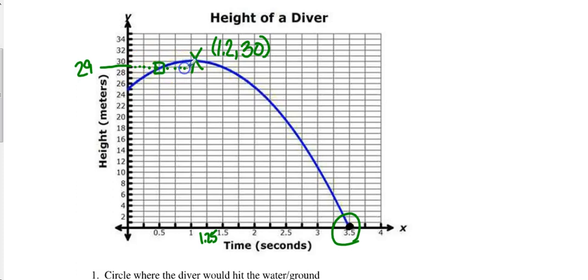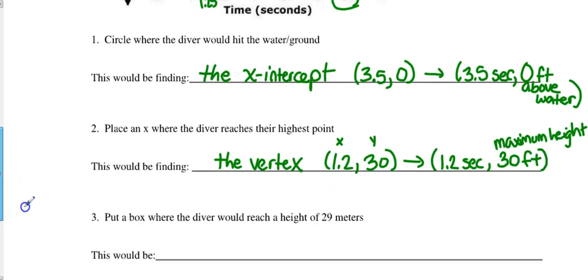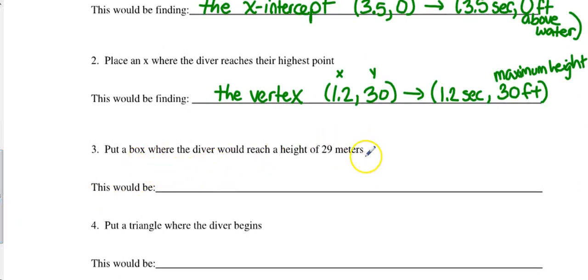But if I look, he's going to be at 29 feet again, right there. So I should actually have 2 boxes because you're mentally kind of creating this invisible horizontal line, and he's going to be at a height of 29 feet once right here and again right there.